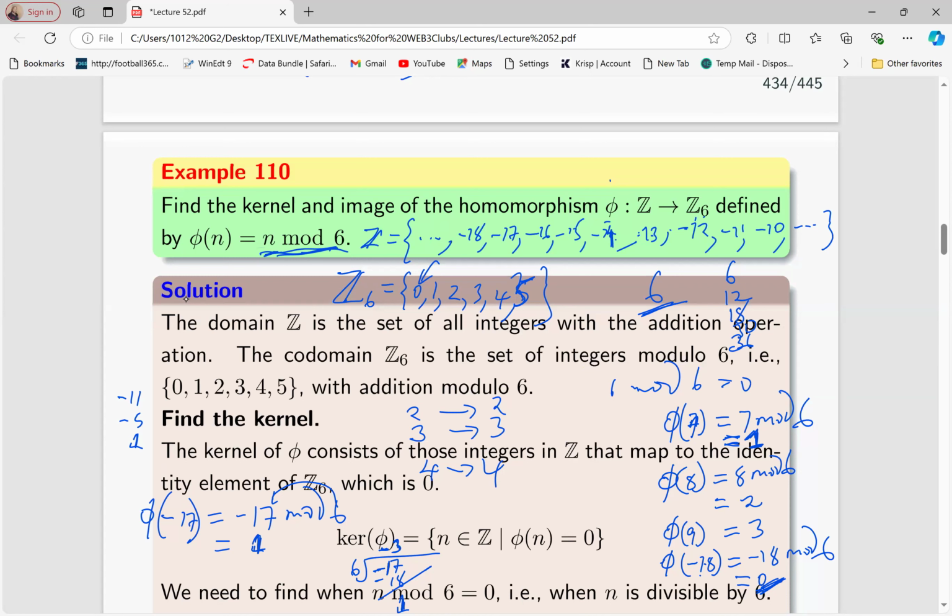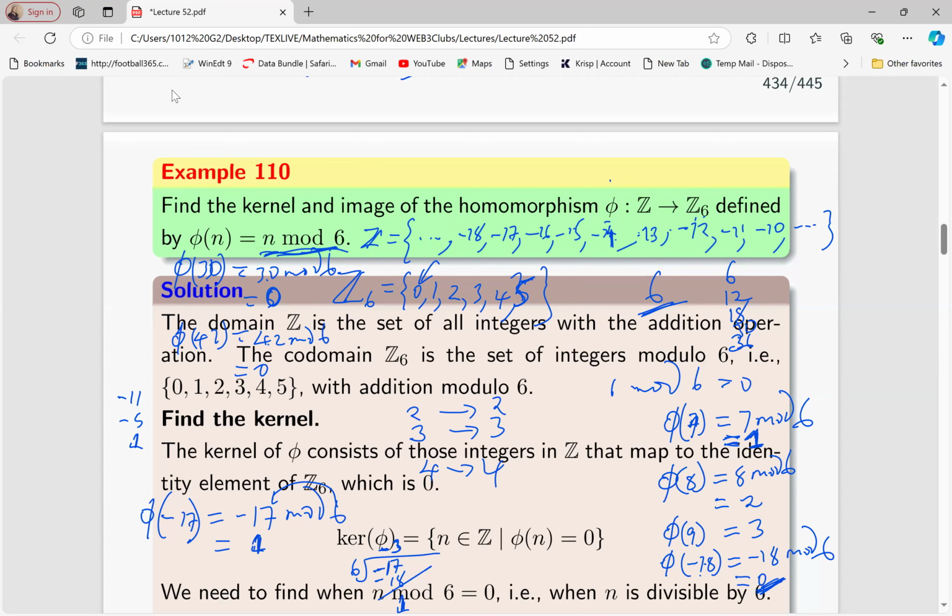Even 30, for instance, phi of 30 would be 30 mod 6, which is 0. So 6 would go there 5 times, and the remainder would be 0. Phi of 42 will be 42 mod 6. 6 goes there 7 times, and the element will be 0.